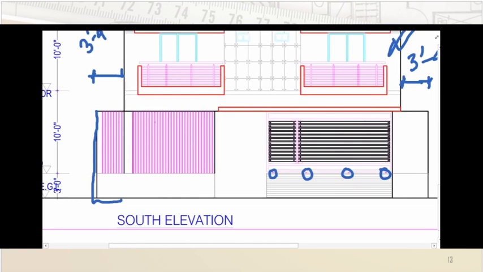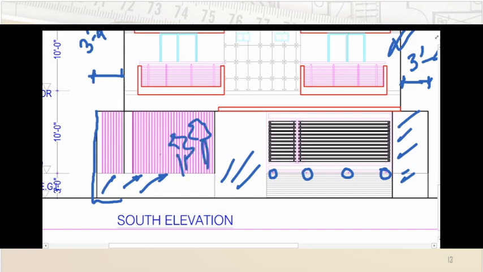However, now focus on this point. Can you see some vertical lines? This is actually representing the grill. As we have said, these portions are the solid portions of the boundary wall. There are some openings using grills, just because of what? There might be gardens over there, to enhance the aesthetic view or the beautification of the project.